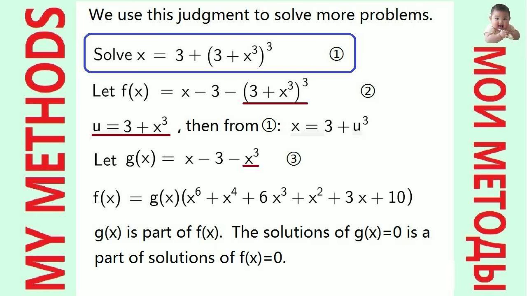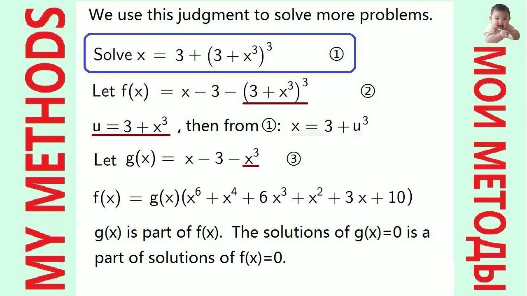Solutions of g(x) equals 0 are a part of solutions of f(x) equals 0, obviously. So this is a nice part, but we just separated it into two parts, g(x) and this. g(x) we can more easily solve, right?